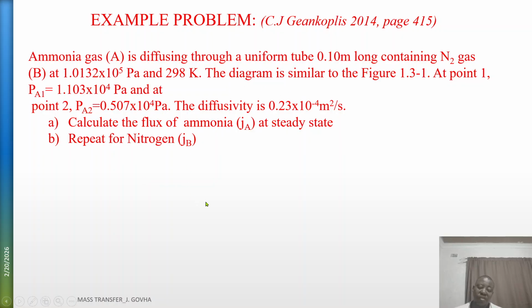Let's look at an example where ammonia gas is diffusing through a uniform tube, 0.10 meter long, containing nitrogen gas, which is our B, at a pressure of 1.0132 times 10 to the power 5 pascals and 298 kelvins. The diagram is similar to Fig 1.31.